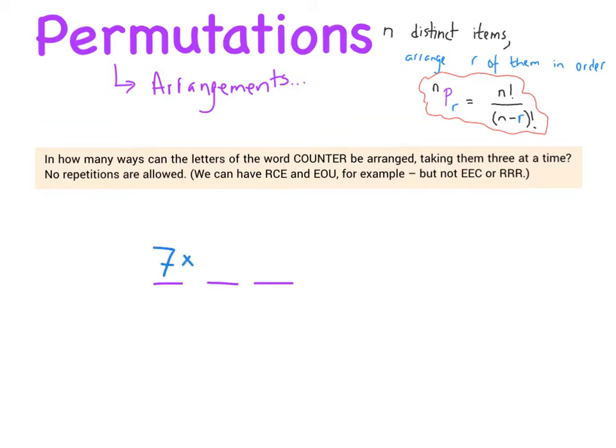In the second one, if no repetitions are allowed, we have 6, and in the third we have 5. So 7 by 6 by 5, and that is the exact same as 7 factorial over 4 factorial, which is what we've just seen in this formula. So our 7, and then 7 minus 3 gives us 4.